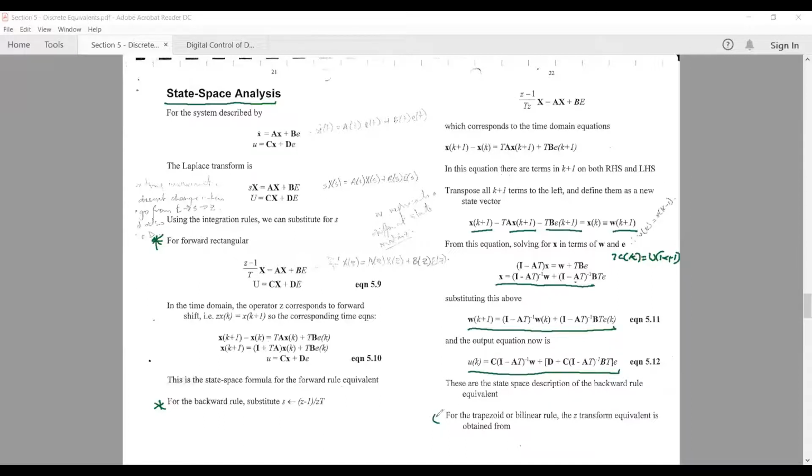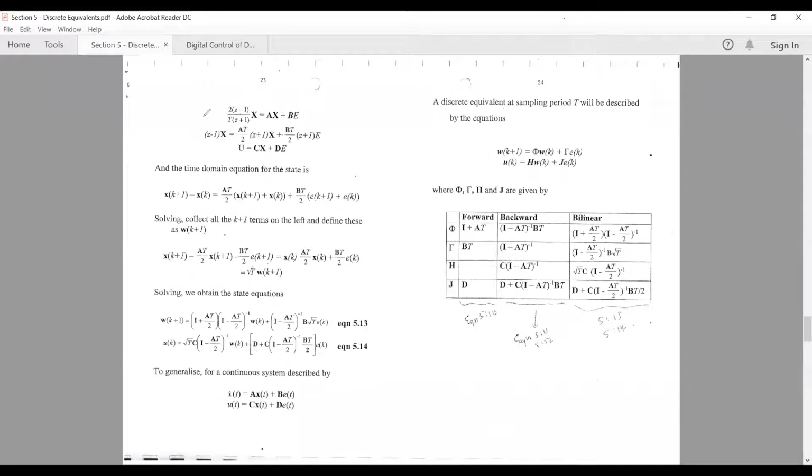Now the third one, for the trapezoidal or bilinear rule, the Z transform equivalent can be obtained like this. Over here we substitute in place of S, 2 over t times z minus 1 over z plus 1. So we substitute that in place of S and we get this equation.